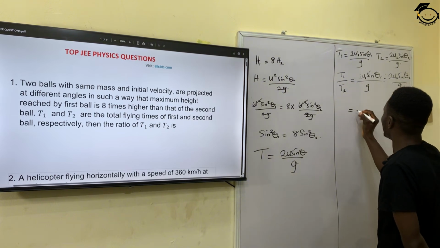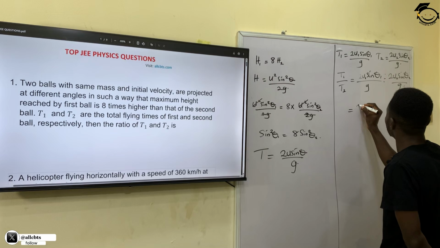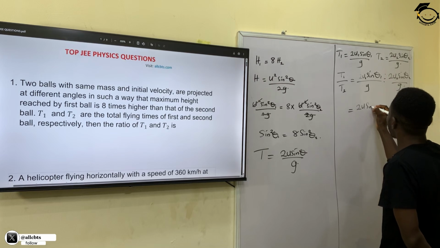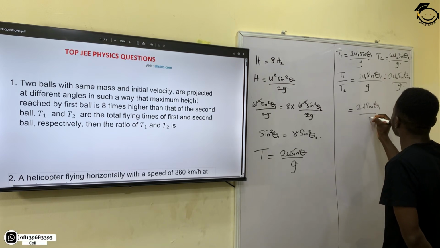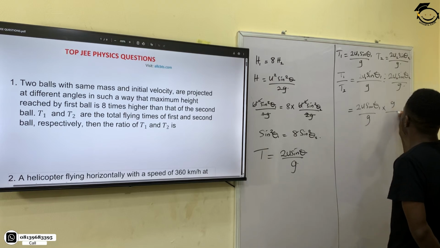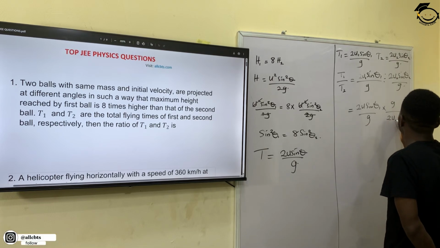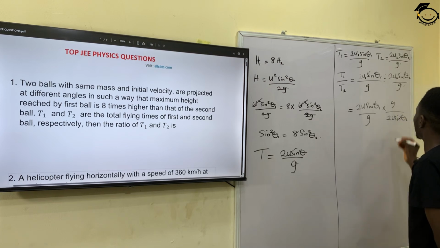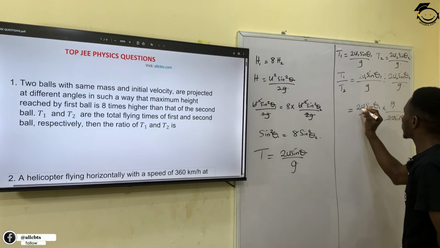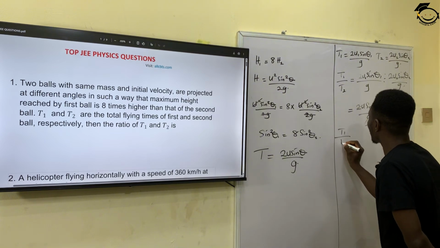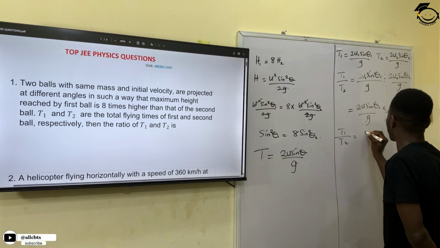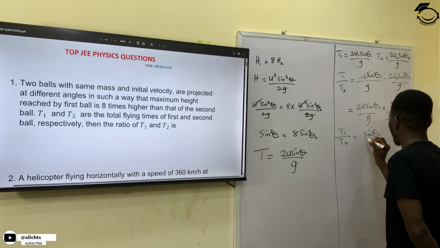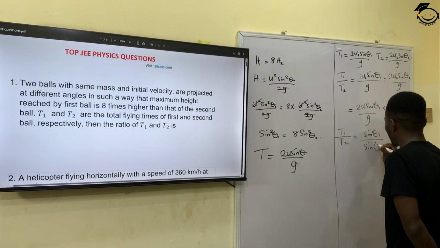So this can simply mean that I have 2u sine theta 1 over g times g over 2u sine theta 2. So my 2u cancels 2u. It means that T1 over T2 is equal to sine theta 1 over sine theta 2.